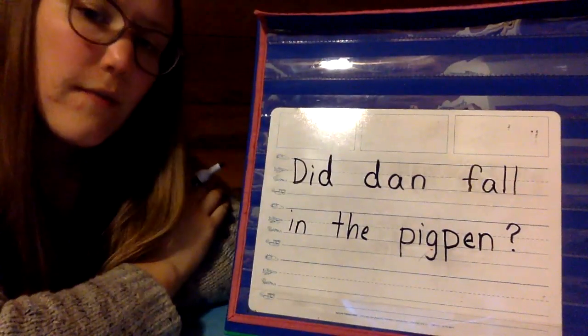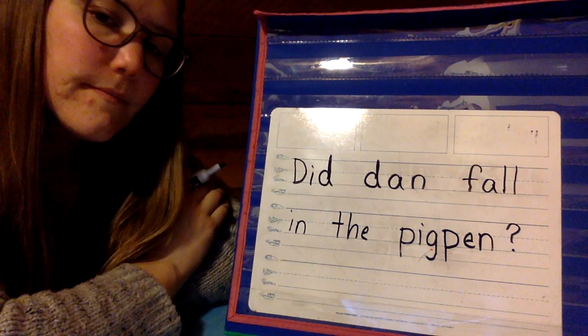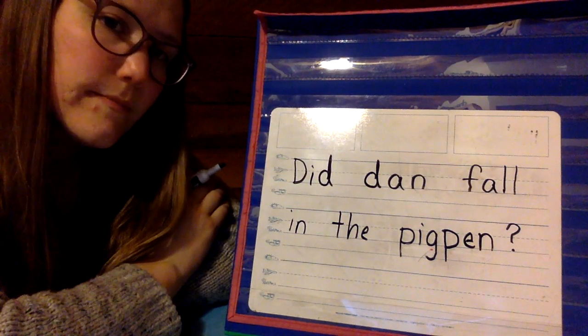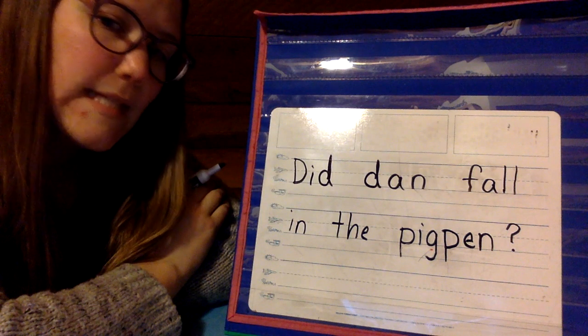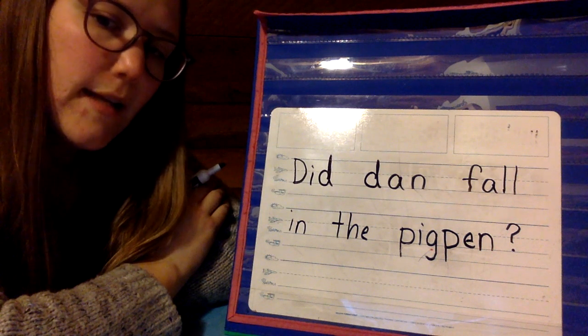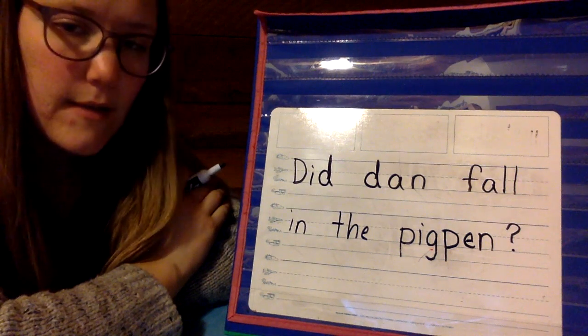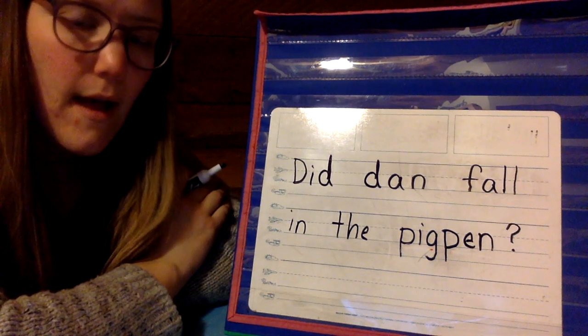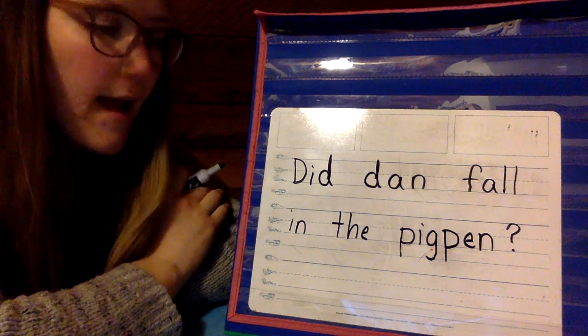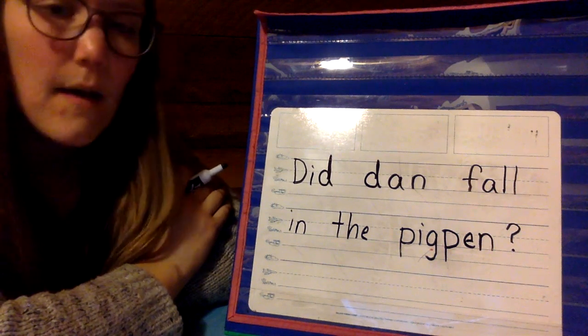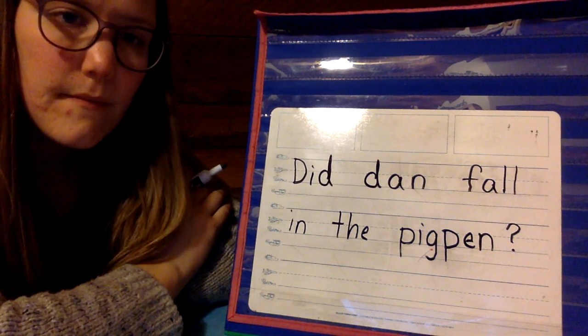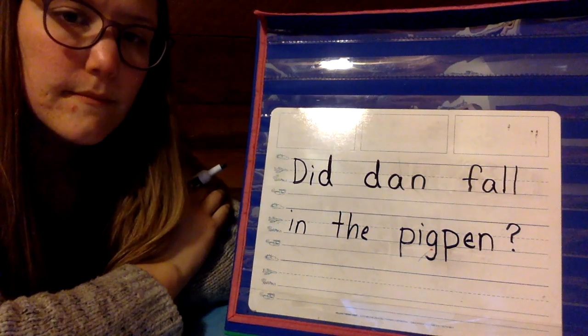Now there's one more thing wrong with my sentence. Can you figure it out? Did Dan fall in the pig pen? I have spaces. I have lowercase letters where I'm supposed to have lowercase letters. I have what goes at the beginning of my sentence. I have what goes at the end of my sentence. But there's one thing wrong.